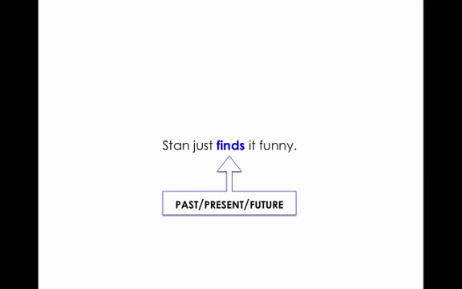The simplest one here, we just have the one verb, and that gives us the present. Stan just finds it funny. If we put it in the past, Stan just found it funny. Notice here that find is an irregular verb. When we put the verb drink into the past, it's also an irregular verb.